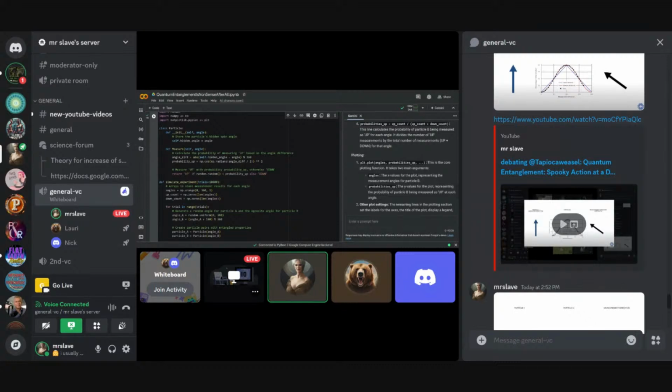Then we're going to repeat the experiment, but this time measure for angle equals 1 degree. Then we repeat the experiment, angle equals 2 degrees. We're changing the magnet, the apparatus. We're rotating the apparatus itself.